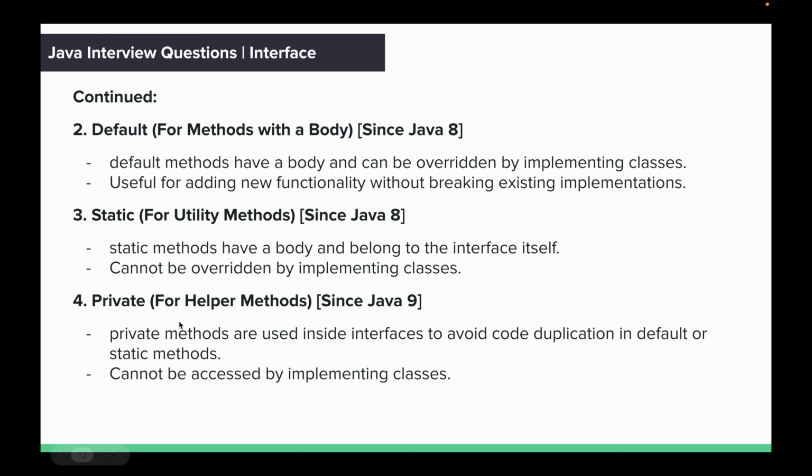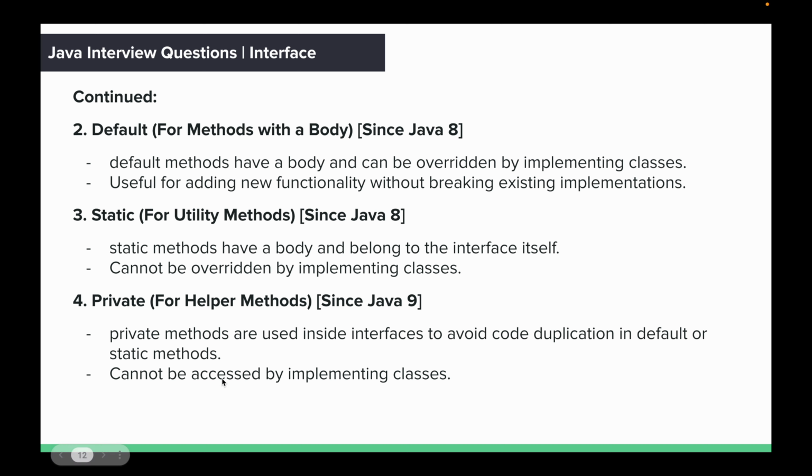Now lastly, we have private methods also. These private methods got added into Java 9 onwards. Why did these methods get added? They got added to reduce the code redundancy used in the default and static methods. So basically, private methods are used inside interfaces to avoid code duplication in the default or static methods.